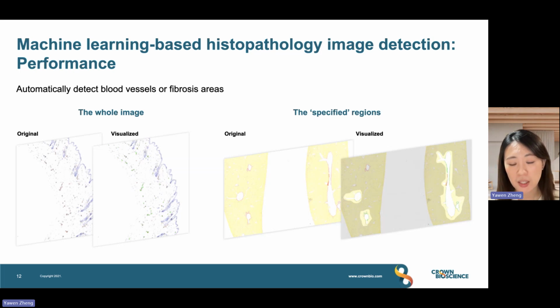And sometimes the pathologists may be interested in specified regions instead of the whole image. So we allow the experts to use the mouse to outline the regions that they are interested in. Then our platform can focus only on the specified regions and do further analysis.